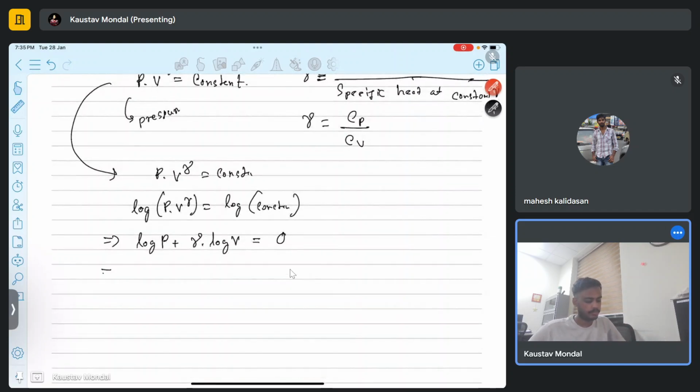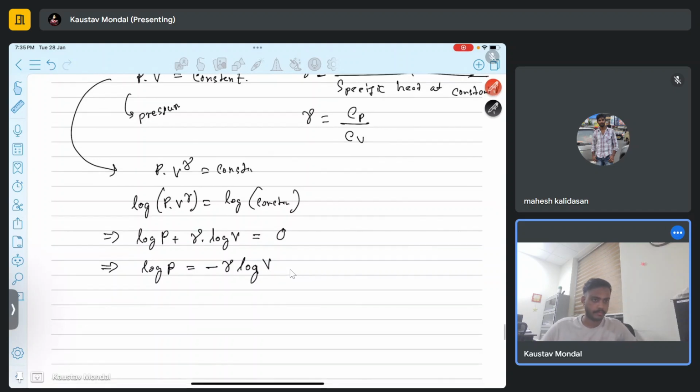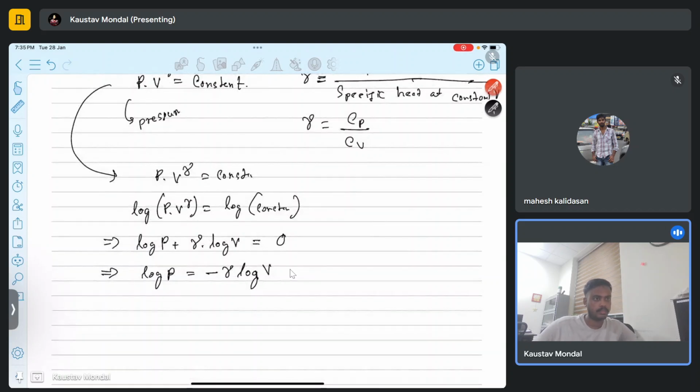So now log P equals minus gamma into log V, plus K, something like that. This K is basically a constant. It can be 0 also.